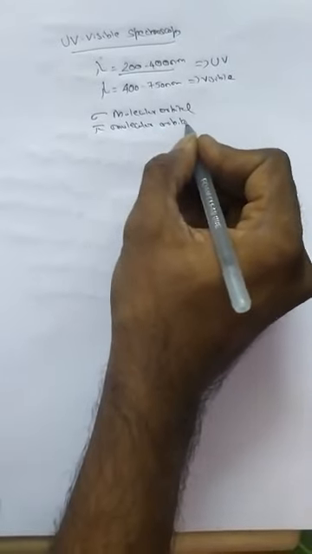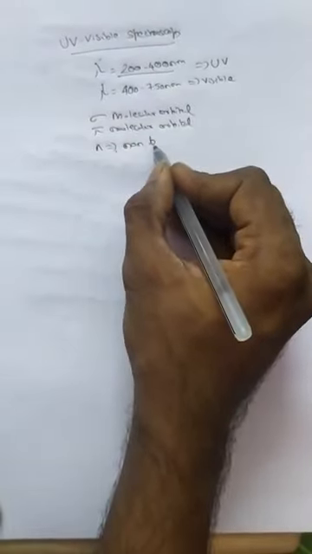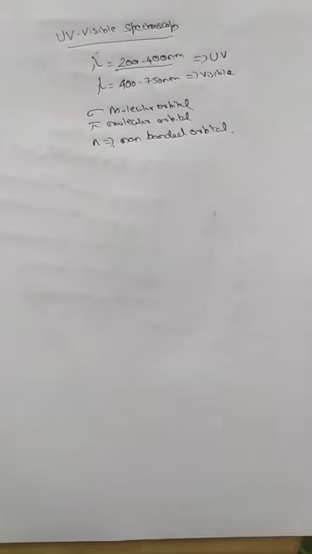There is another type of orbital which is called an N, non-bonded orbital. A non-bonded orbital is nothing but an orbital which does not take place in the bonding. So that is called a non-bonded molecular orbital.